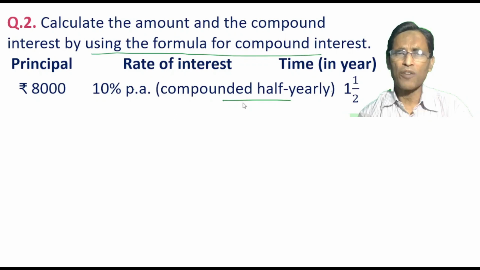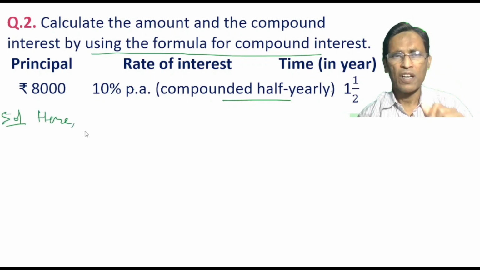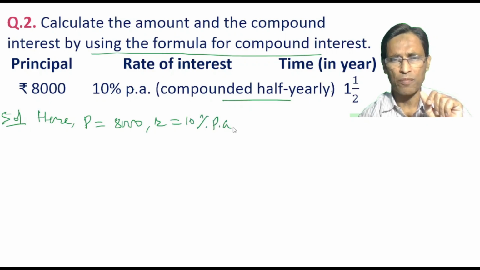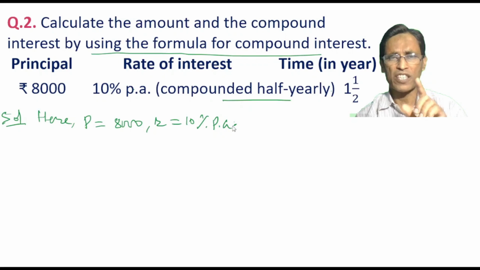With the help of the information we can say here P, principal, 8000 in rupees, rate of interest 10% per annum, R equal to 10% per annum.